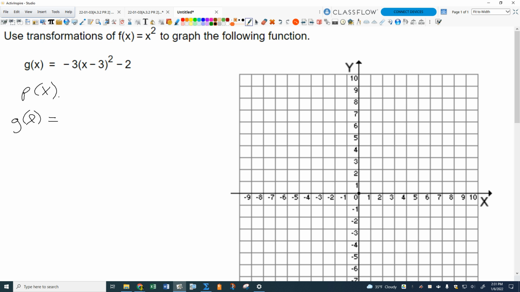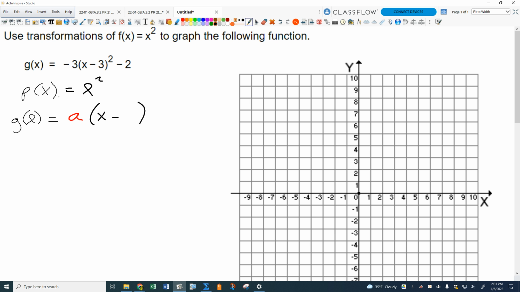Well, we want to know what are the values of A, which is the number that's the coefficient that's outside of the whole thing. We'll just call p of x squared.